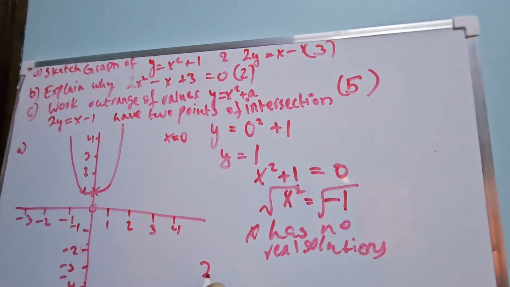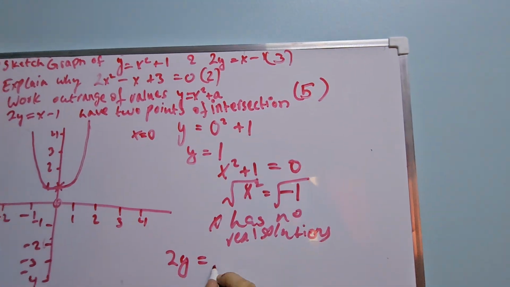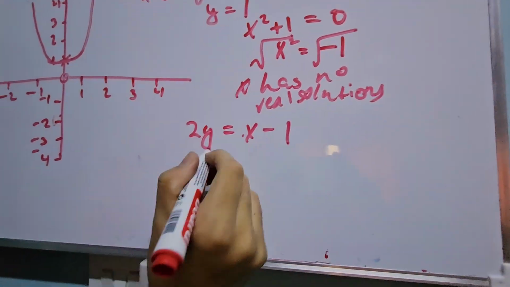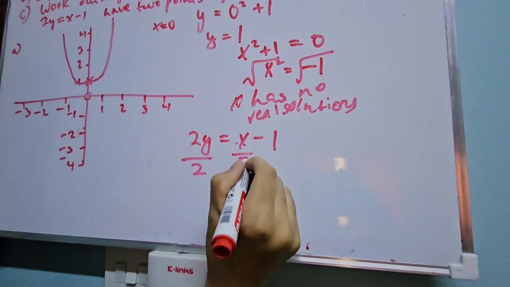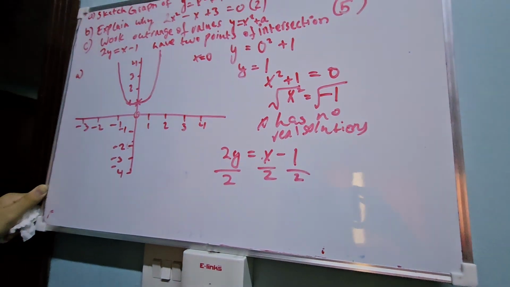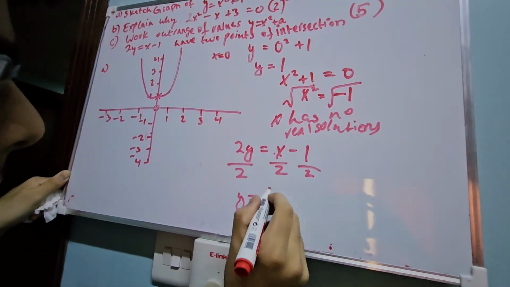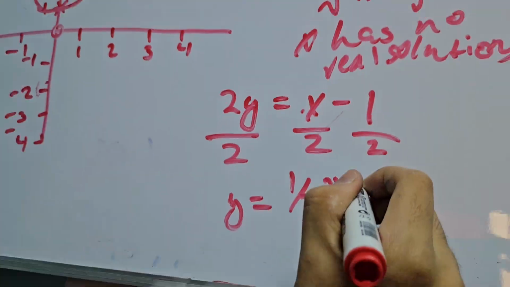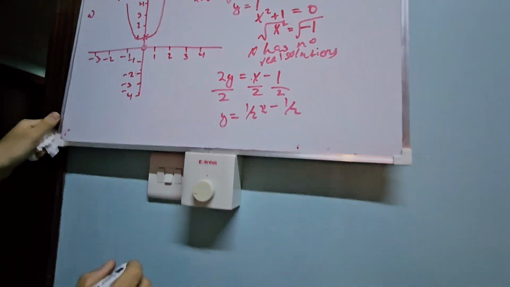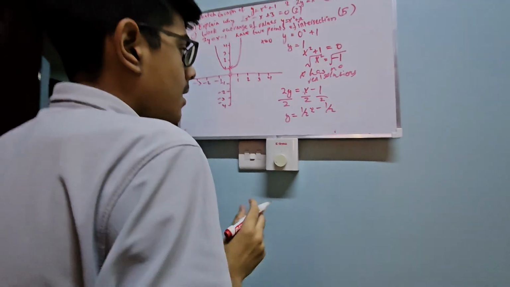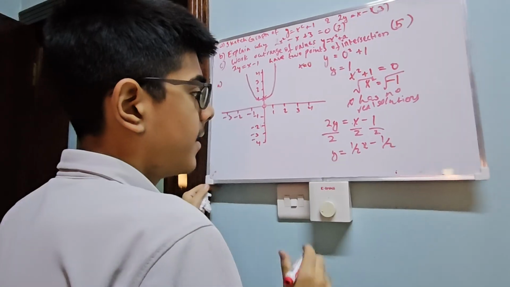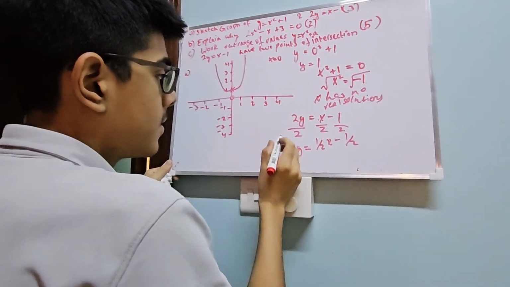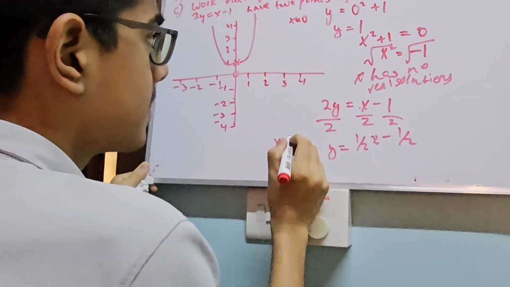Oh yeah, I forgot about the line. So 2y is equal to x minus 1, okay? Divide by 2, and you are going to get y is equal to half x minus a half. Now first step is to find the y-intercept, which is when x is equal to 0.